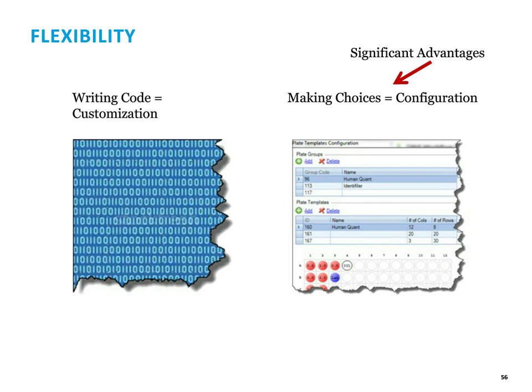So in our terminology, we think of customizations as something done to the system that requires someone to write code, versus configuration, which simply means you're making some choices about how you want your LIMS to work in your business environment. There's a lot of advantages if you can use a vendor that provides a large degree of configuration versus customization.